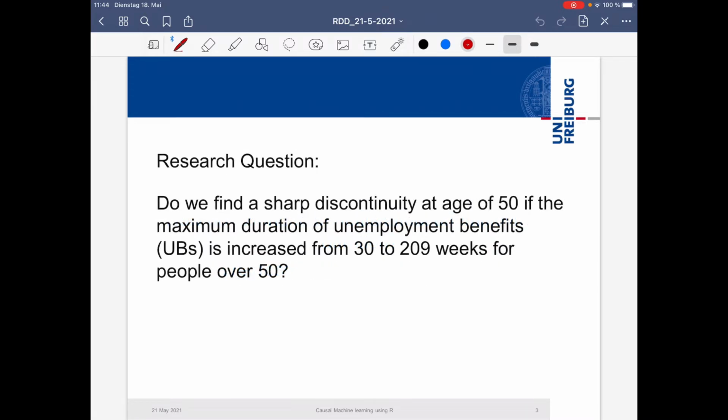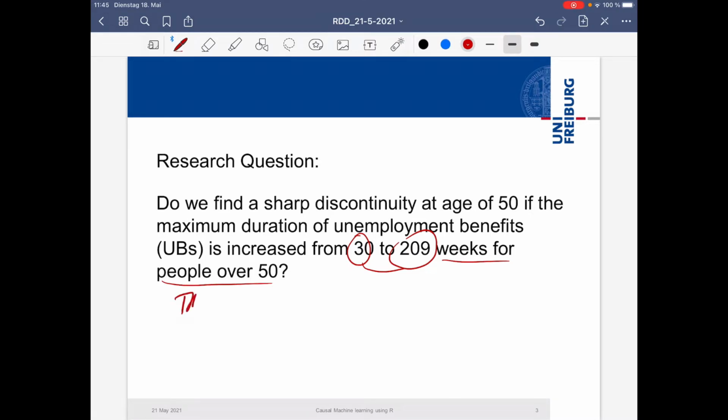So we want to evaluate the effect of the increase of duration of unemployment benefits, and the increase here is from 30 to 209 weeks for older people, and older means people over 50.